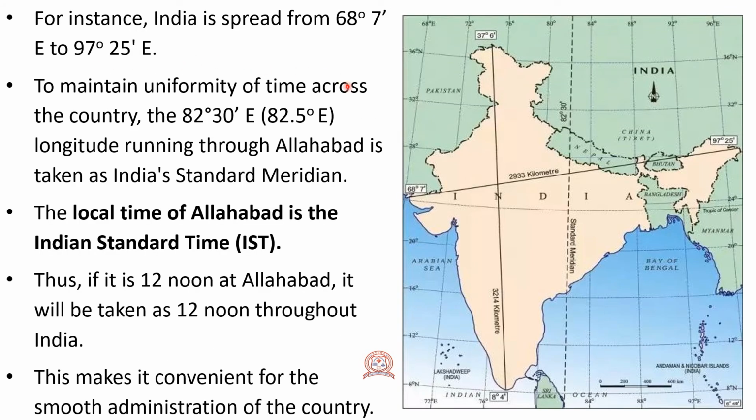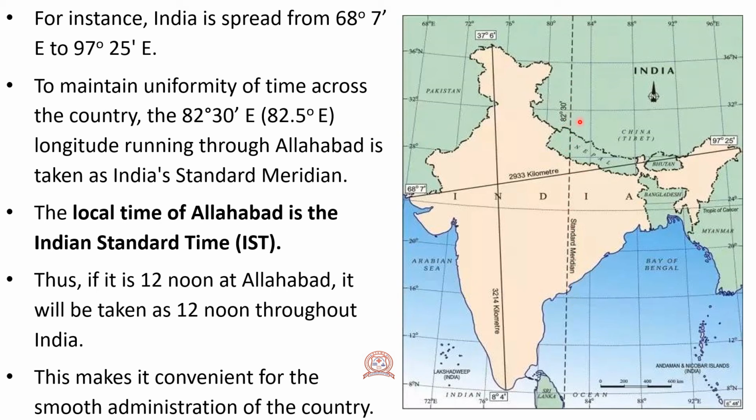For instance, India is spread from 68 degrees 7 minutes east to 97 degrees 25 minutes east. To maintain uniformity of time across the country, the 82 degrees 30 minutes east, or 82.5 degrees east longitude, running through Allahabad is taken as the Indian Standard Time.